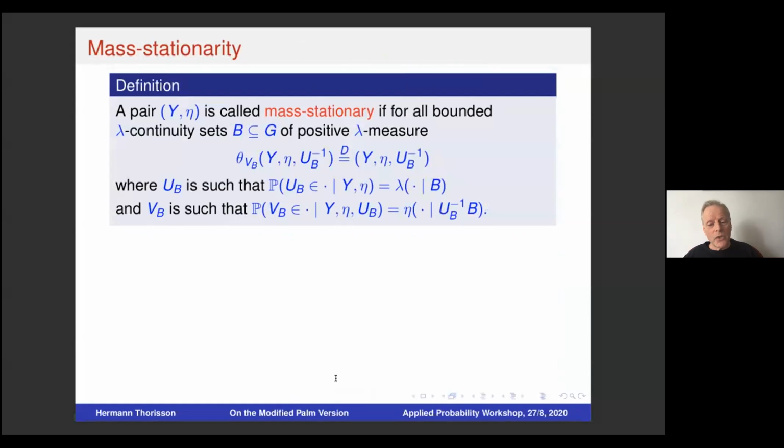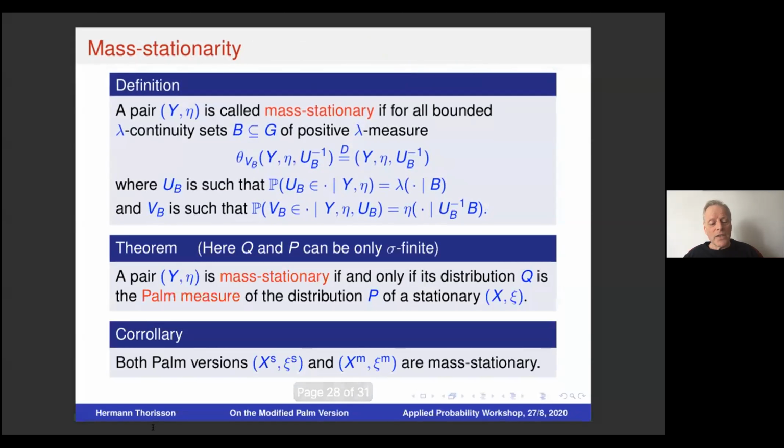So here is mass stationarity. I'm not going to explain what it is, but it is a characterization of Palm versions, both the standard one and the modified one. Mass stationarity means that the origin of the pair is at a typical location in the mass of the random measure.